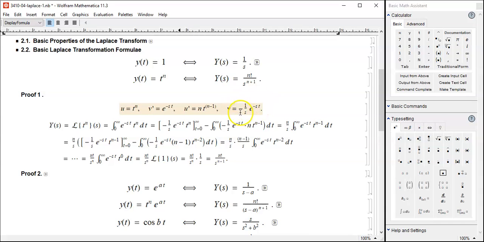Check. Take the derivative, and by chain rule, we have to multiply negative s, and that'll cancel this one out, and you're going to get this one. Yes, indeed. Okay, that's simple. We have it, so let's put everything into the integration by parts formula.